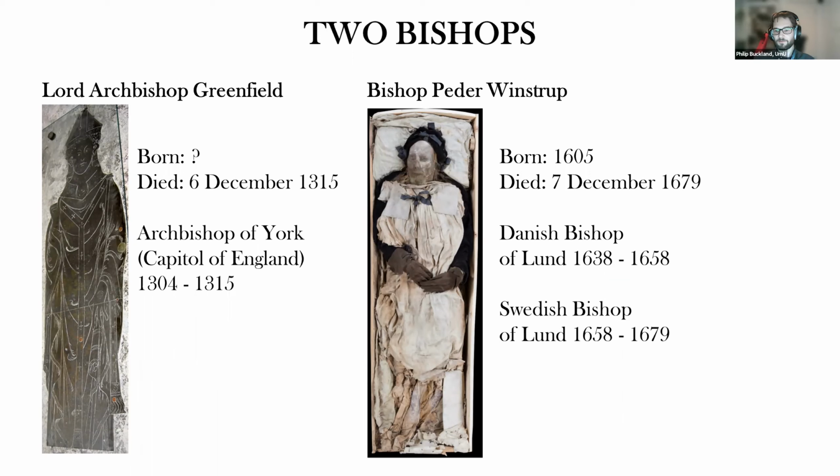Bishop Winstrop, we have a lot more information about, naturally, because it's more recent. He was, interestingly, the Danish Bishop of Lund until the Swedes took it over and he became the Swedish bishop, and he very cleverly changed sides at that point.